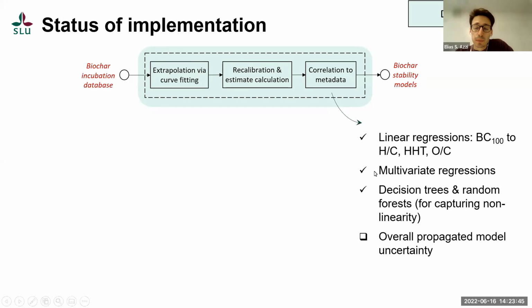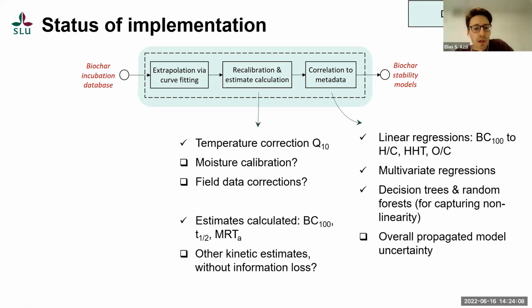But we also want to try multivariate regressions and decision trees or random forests to try to find better relationships in the data we have. That is enabled by the fact that we have 65 metadata about each incubation. And we want to calculate propagated uncertainty there. That still needs to be done.